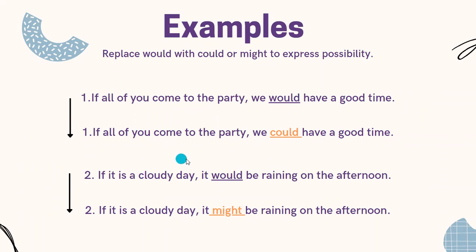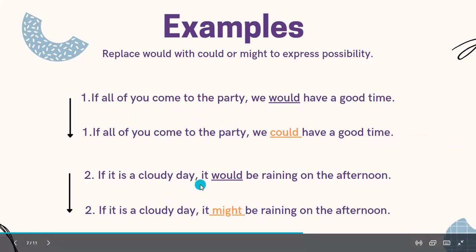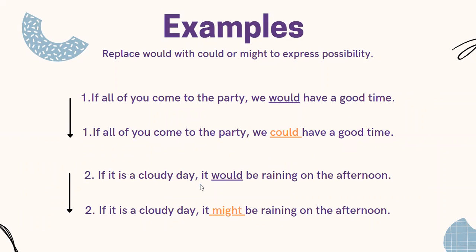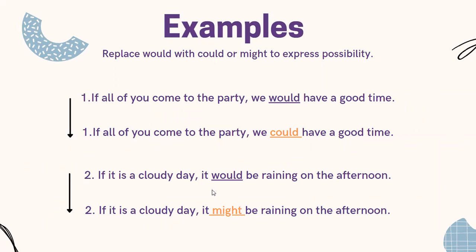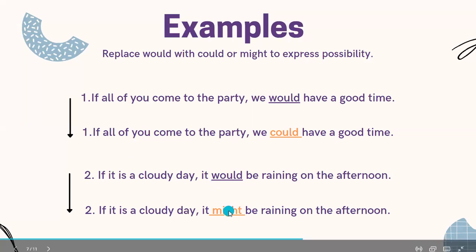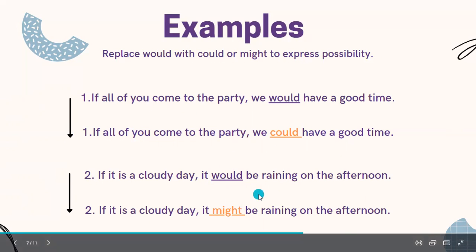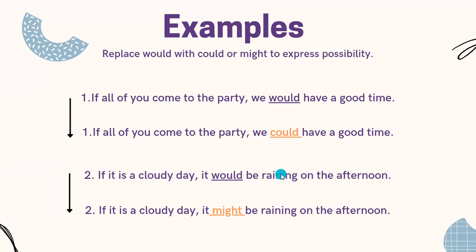If it is a cloudy day, it would be raining in the afternoon. If it is a cloudy day, it might be raining in the afternoon. Might expresses possibility. Might and could in Spanish would be translated to podría, because it expresses possibility.